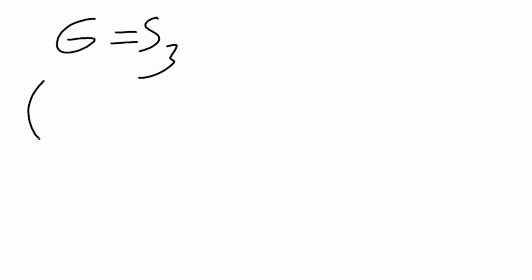We can have the group called S3, the permutations on 3 letters. I could write 1, 2, 3 in number notation, or I can say these are A, B, C, it doesn't matter. It's called permutations on n letters.